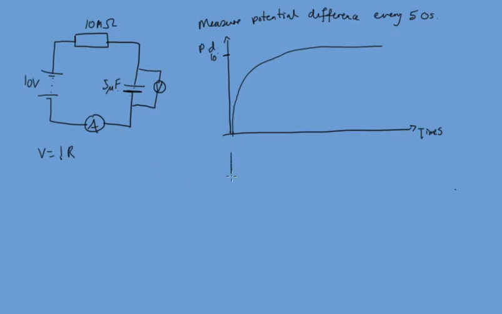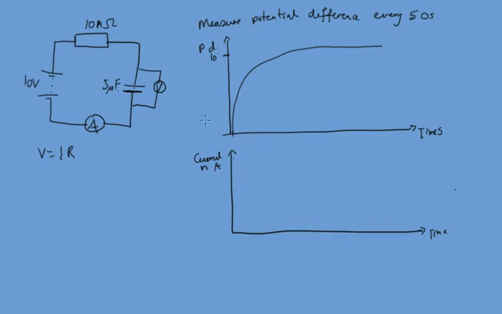So if we were to have another graph, and this time we've got current in nanoamps over time, we're going to have it going like this.